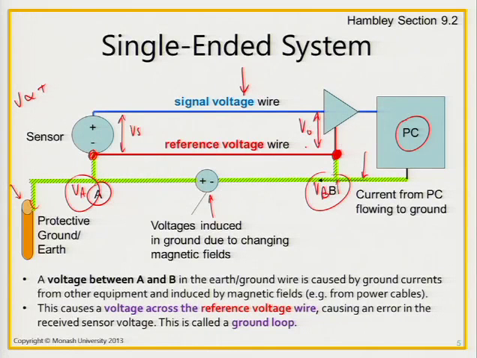And that's a big deal, because if we measured a voltage of, say, 5 volts on the left-hand side at the sensor, and at the other end it was 4.7 volts because of the difference in this reference level, then you're going to get erroneous measurements. This effect is called an earth loop, and it really is classed under the bigger class of noise. It's causing noise in the circuit.